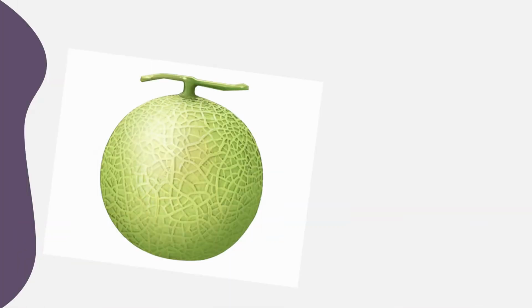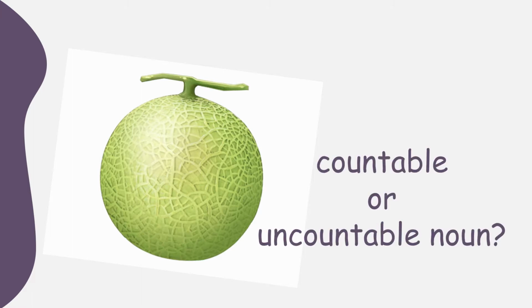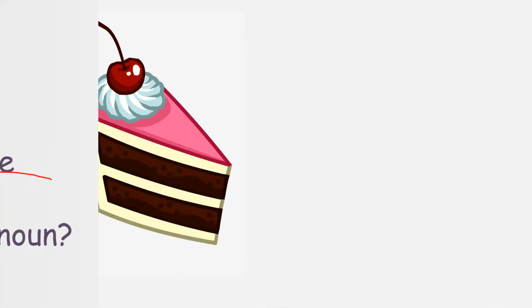Melon. Can you say 1 melon, 2 melons, 3 melons? Yeah, you're right. So that means melon, we consider it a countable noun. Great. How about cake? A slice of cake. Cakes. Have you ever heard cakes?